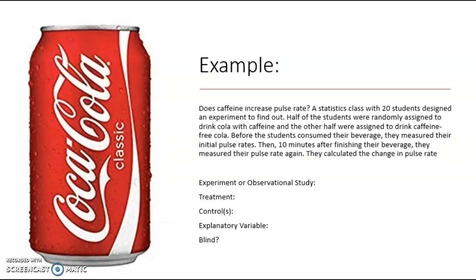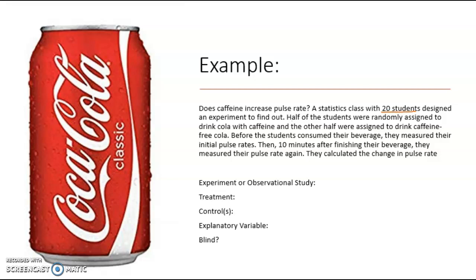All right, here we go. Coca-Cola. So does caffeine increase pulse rate? A statistics class with 20 students, and now it's about the time you want to start looking at details here. Let's scale this down a notch. Let's go orange. All right, so let's highlight a student statistics class. We got 20 students. Design an experiment to find out.